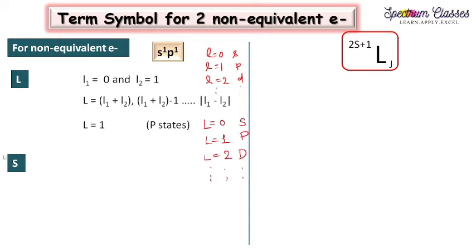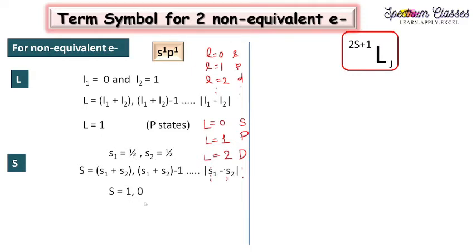Now determining the total spin angular momentum. So S, for first electron, we are having half spin. For second electron, again we are having half spin. So total spin capital S is having values S1 plus S2 to S1 minus S2. So I'm just writing S1 plus S2. It gives me 1.